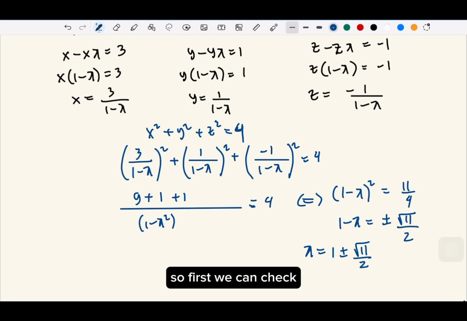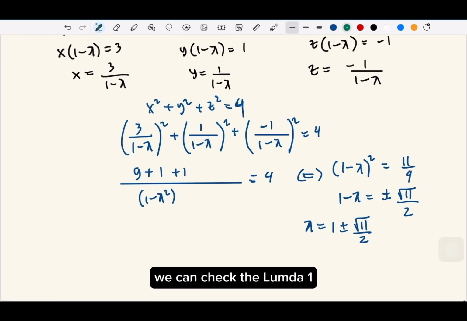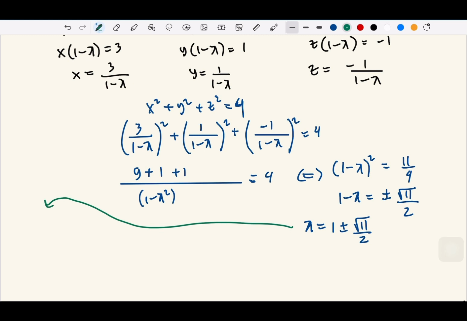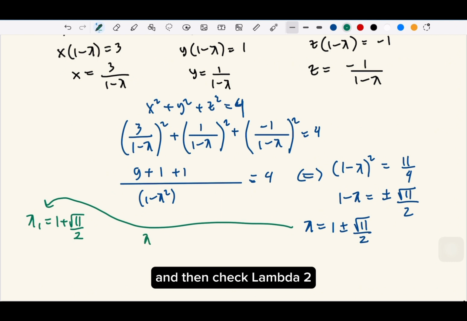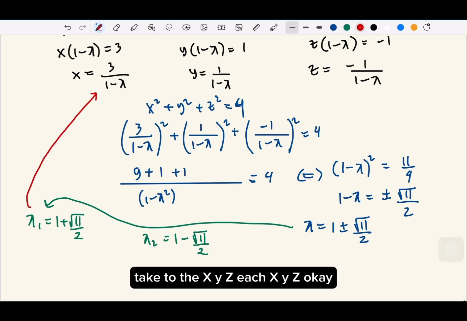So first we can check the lambda 1, which is 1 plus, and then check lambda 2. And then take to the xyz, each xyz, okay?